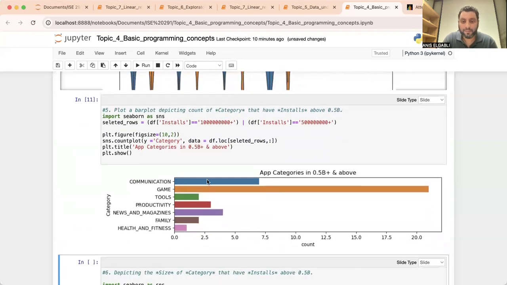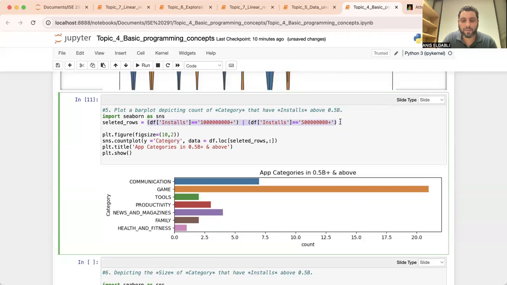As you can see, the category has this many categories or choices, and for every one of them we are plotting the bar plot, but this is only for the apps that have been installed more than 0.5 billion times.